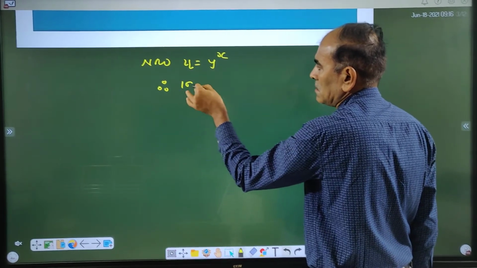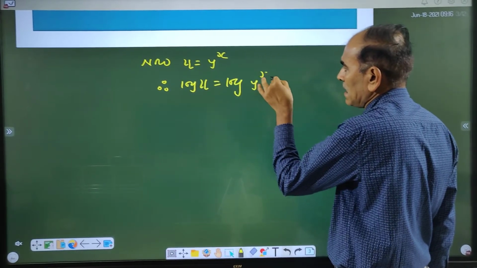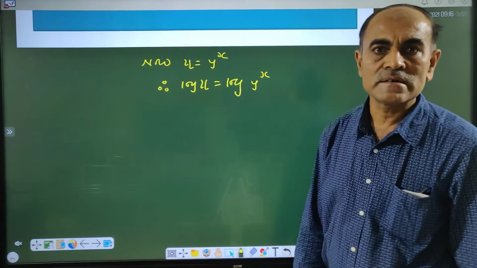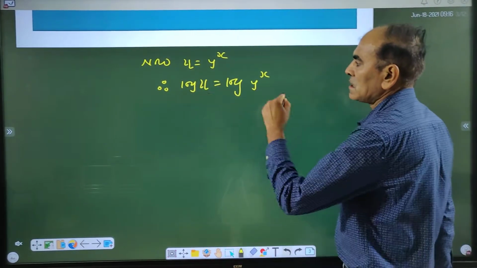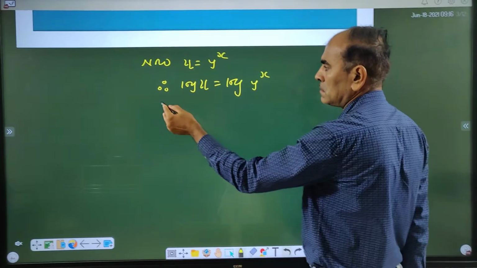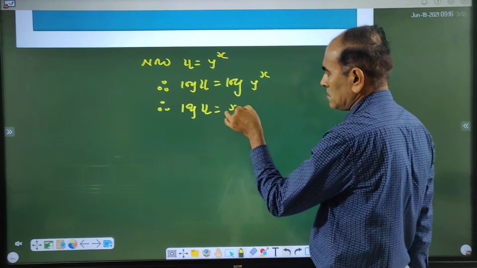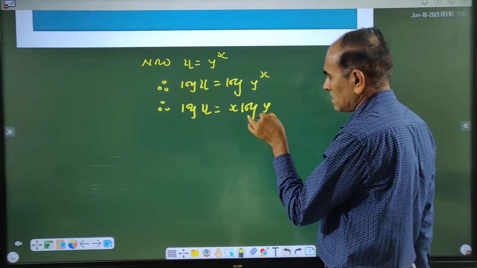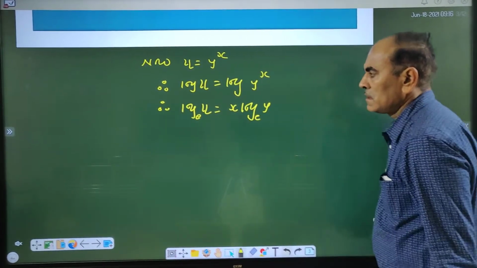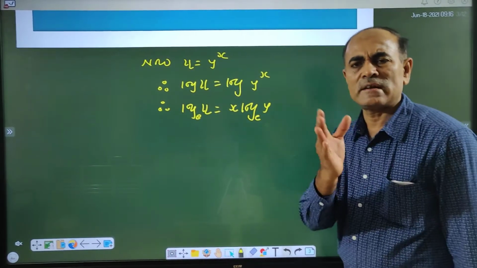And therefore what is log u? Log of y raised to x to the base e, taking log on both sides. Apply the logarithmic rule, and therefore log u is equal to x log y base e. If we do not mention the base, then we have to understand that it is e.